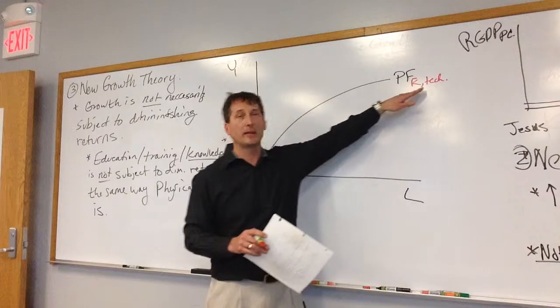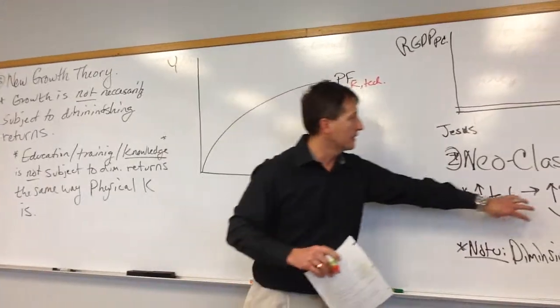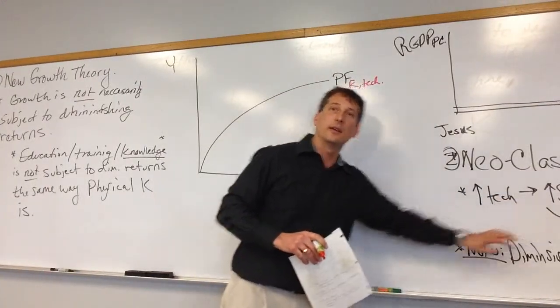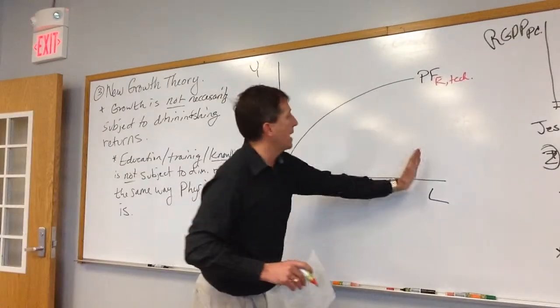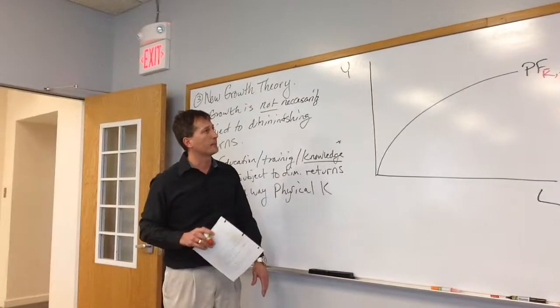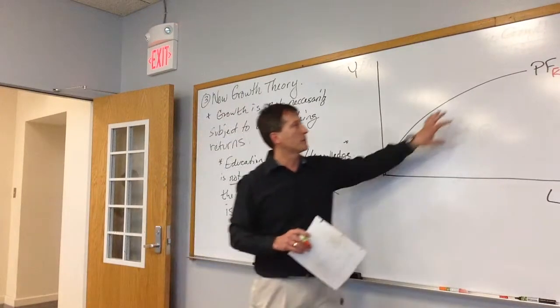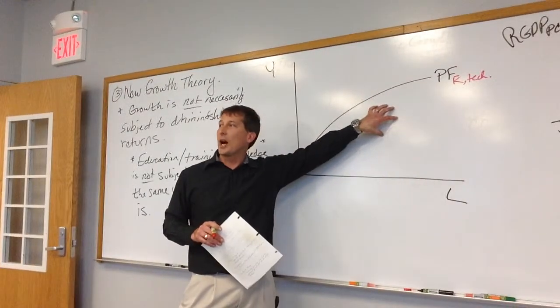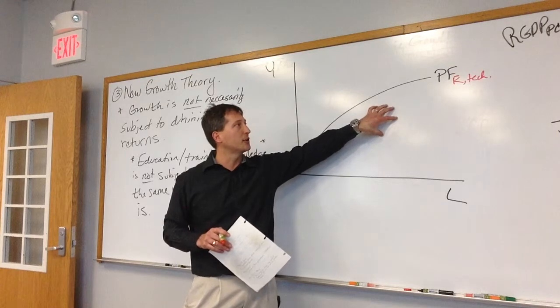But now labor would be the thing that would be moving. That's neoclassical growth theory. That we can have growth as we increase more capital, then there's going to be diminishing returns, holding labor constant.